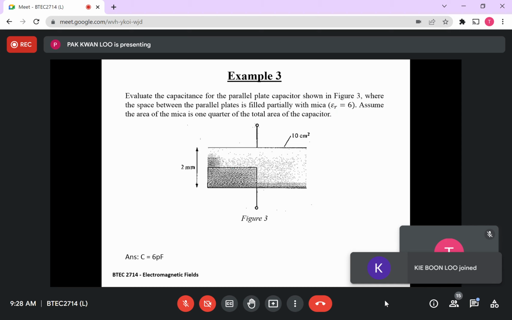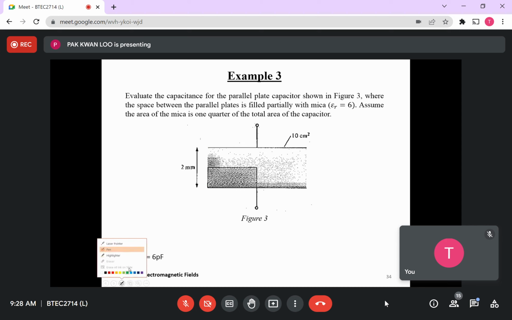Assume the area of mica is 1/4 of the area of the capacitor. The total area is 10 cm square. The thickness is 2 mm. Obviously this area is mica.